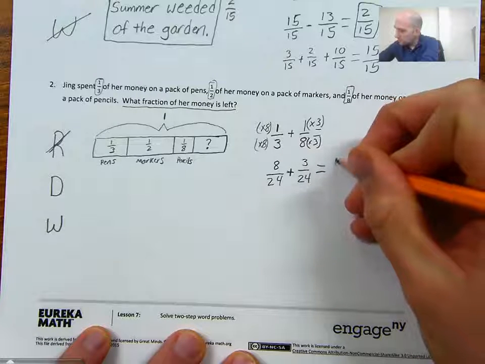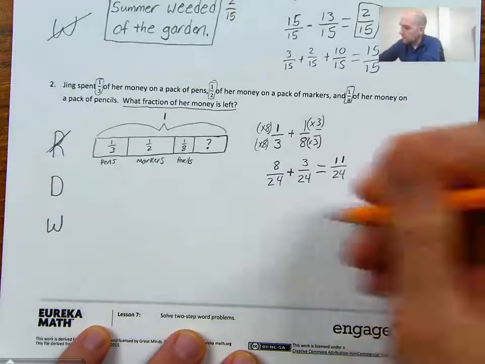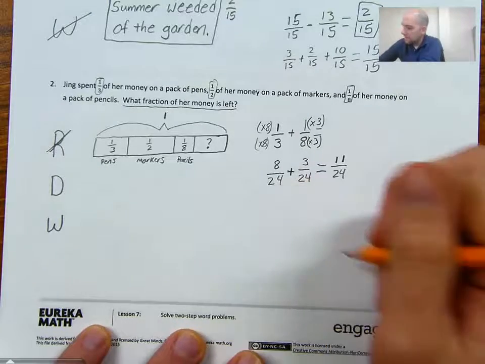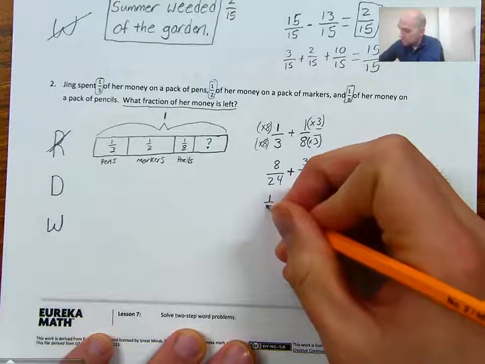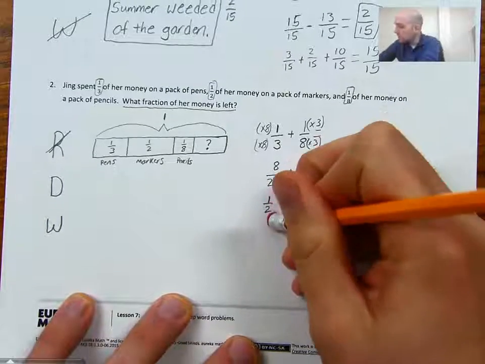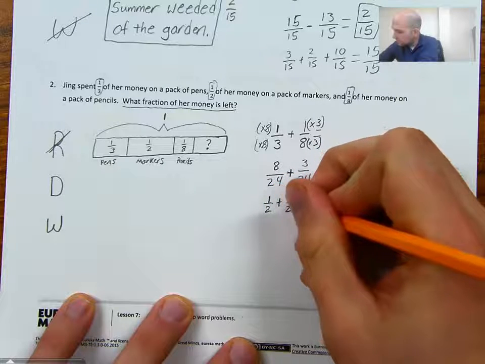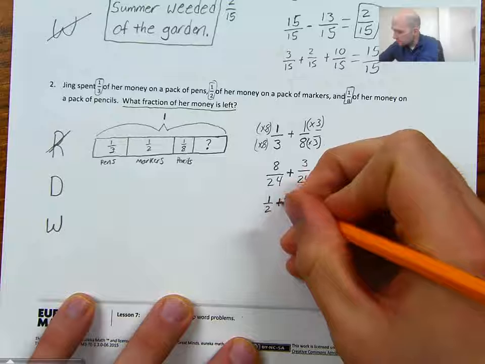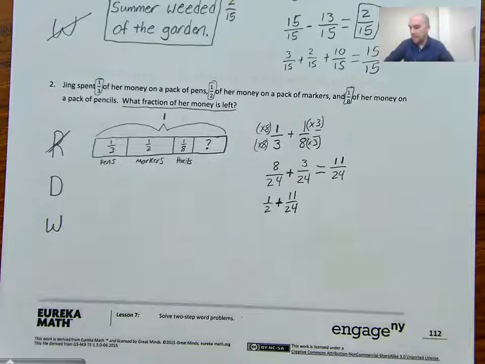What I'm going to get here is 11 24ths. And now I need to add 1/2 as well. So I have 1/2 plus 11 24ths. And I know that 1/2 is the same as 12 24ths, because 12 is half of 24.